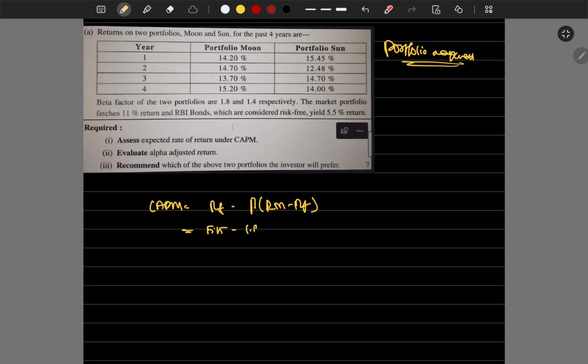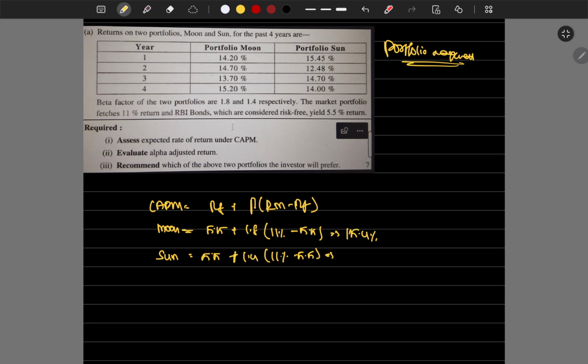Beta is 1.8 for the first portfolio, moon, and then sun. 5.5 plus 1.4 into RM, which is 11%, minus RF, which is 5.5. 1.8 into 5.5, which is 9.9, plus 5.5, which is 15.4%.